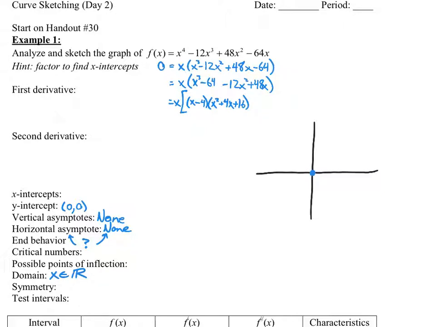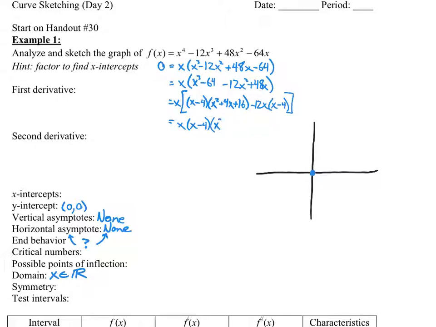So then the second group, what are we going to take out? A negative 12x. Okay, negative 12x, and then in parentheses we've got an x minus 4. Wait, isn't it plus 4? Oh no, I'm sorry. And now we've got x times x minus 4 times x squared plus 4x plus 16 minus 12x.